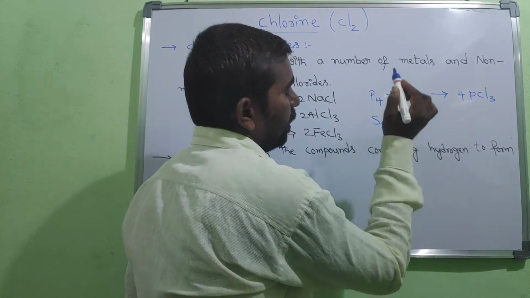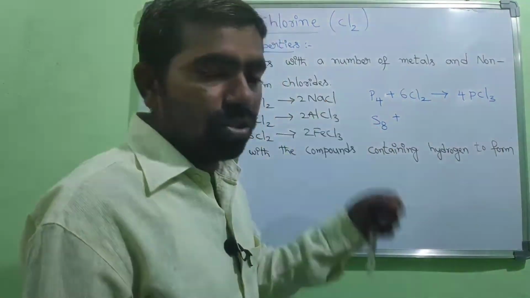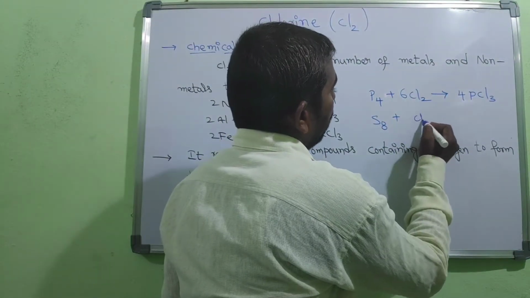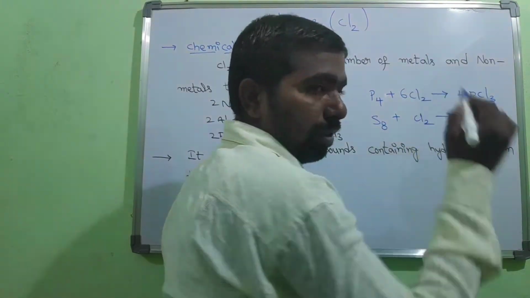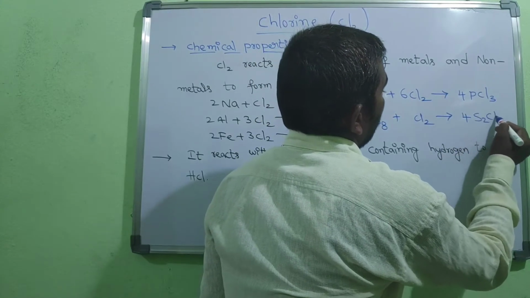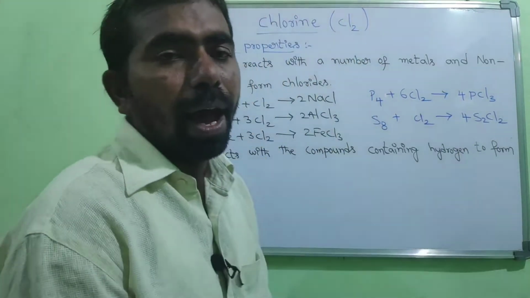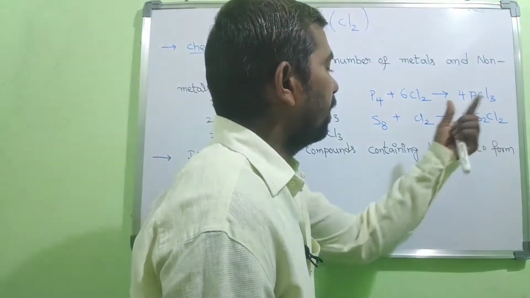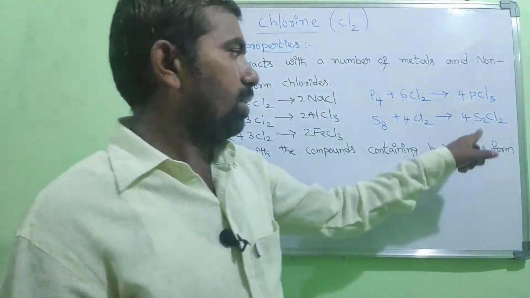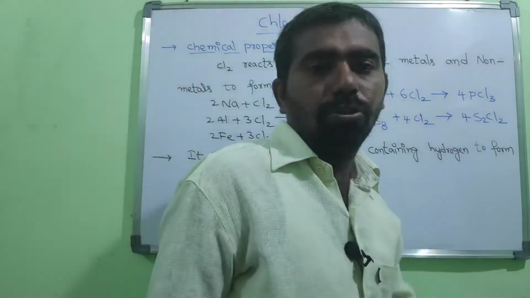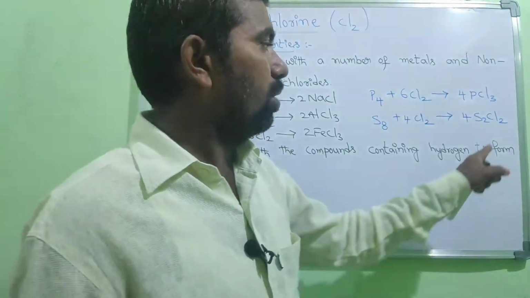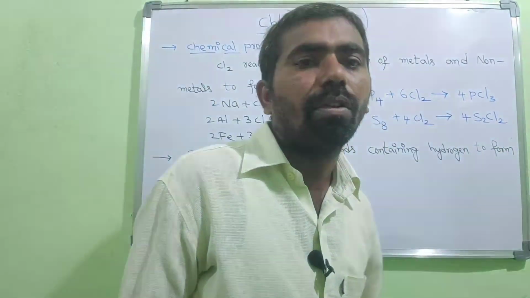This one is the sulfur that exists in nature as S8, and with the chlorine it forms sulfur monochloride. So we have to take 8 moles of chlorine, that means 4Cl2. So here I have written the formula S2Cl2. It is a dimer of SCl. So that is generally known as sulfur monochloride.